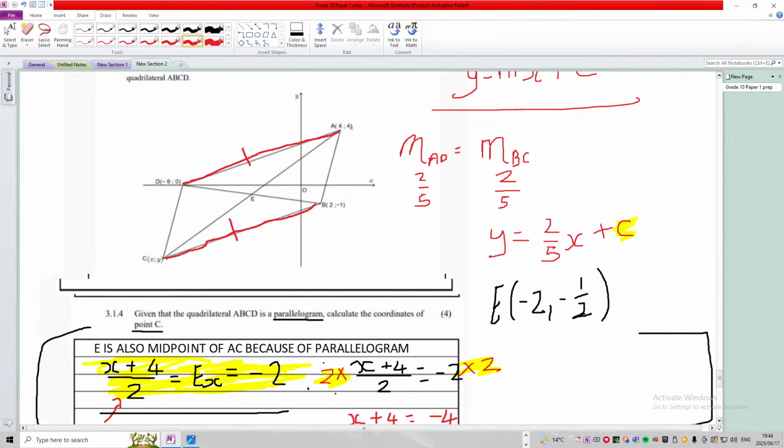Then I could have said that AD is equal to BC, and the difference between AD will equal the difference between BC. You could have used that method. But I was given the midpoint, so I just went with that one.